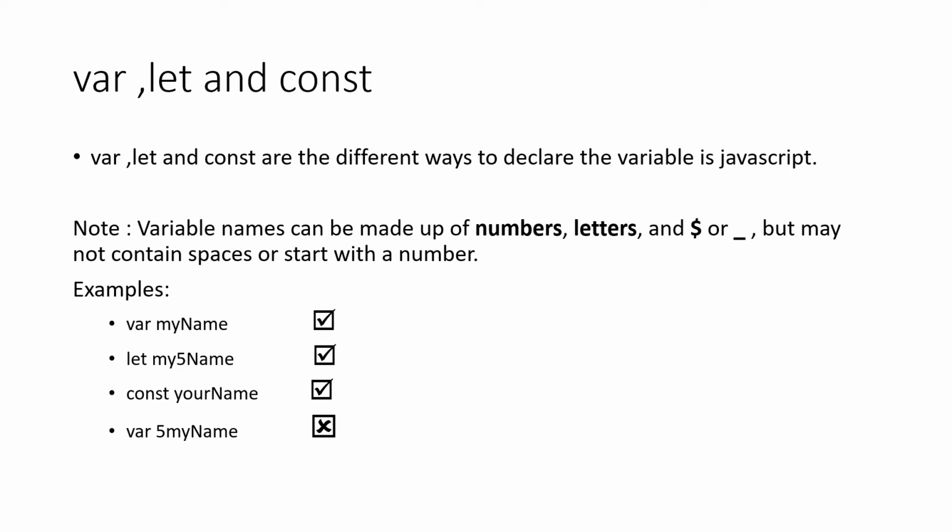For example, we can write var myName. Yeah, this is correct because we are not starting with any space or any number. The second example is let my5name. It contains a number, but this is fine, so we can add a number in it.